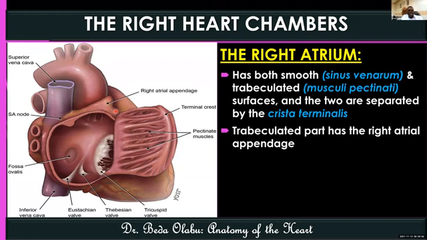The right auricular appendage, or the right auricle, is an extension of the trabeculated part of the right atrium.